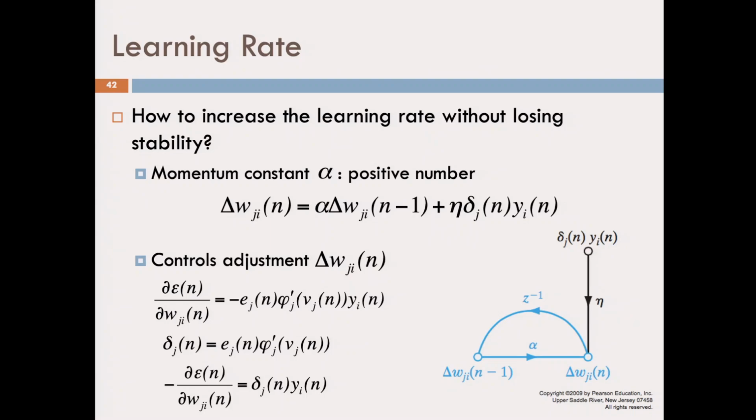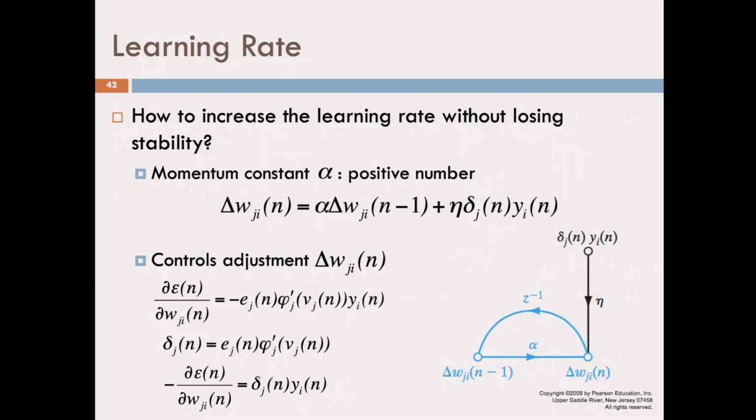To increase the learning rate without losing stability, we usually use what we call a momentum constant. It's just a positive number that we multiply by the previous amount of updating we applied to the weights.